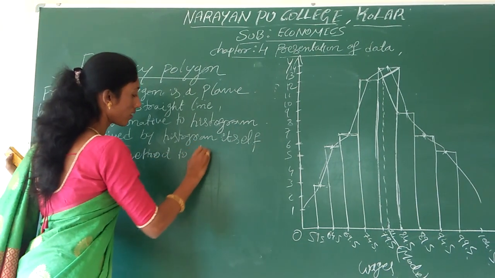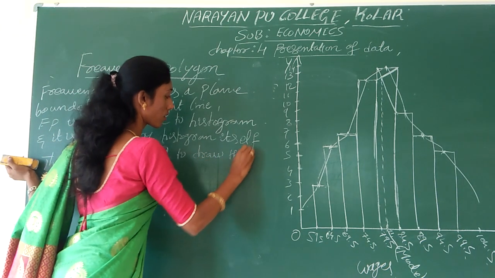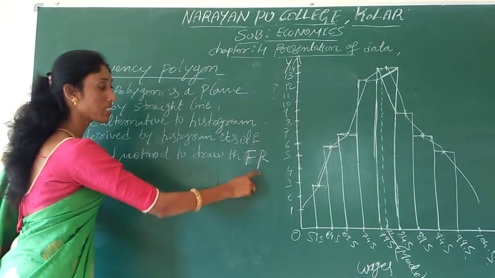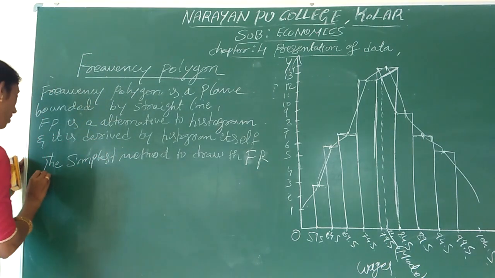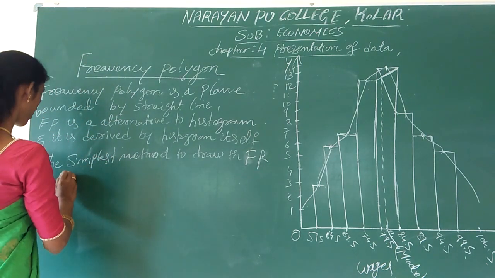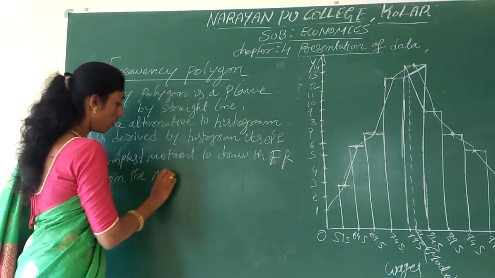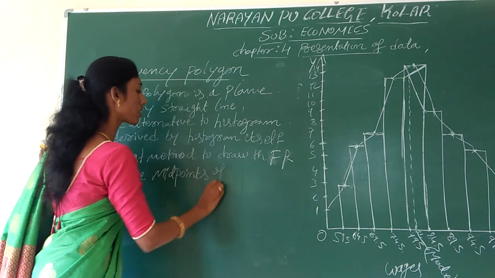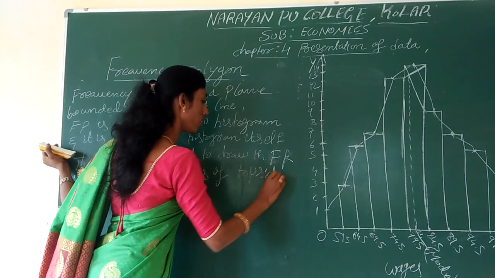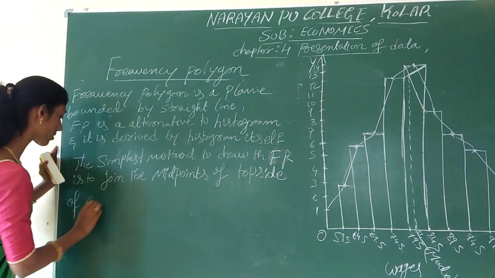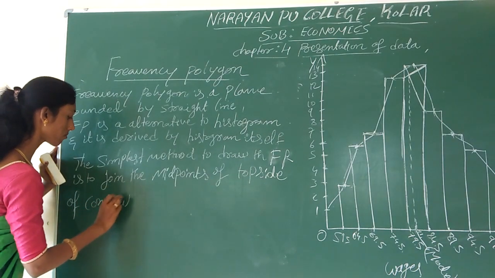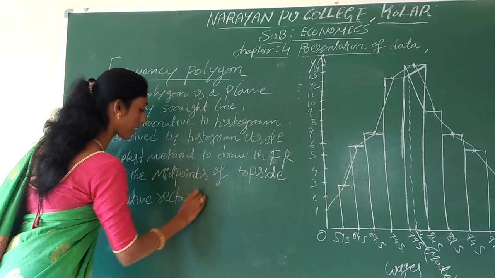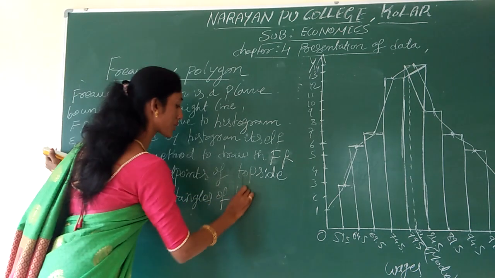And the easy method, or the simplest method, to draw the frequency polygon is to join the midpoints of the top sides of the consecutive rectangles of the histogram.